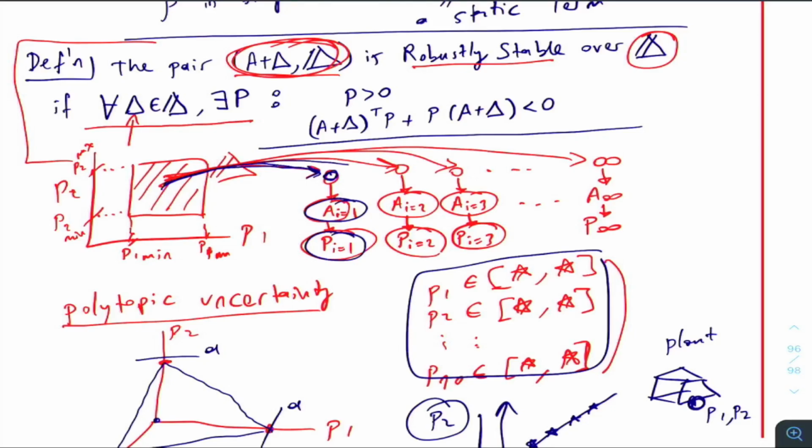Again, iterate over this parameter set; you have some parameter value, and there is some A that corresponds to that parameter. For that state matrix, you will solve that feasibility problem and compute p. And you go to infinity. First of all, this is impossible.